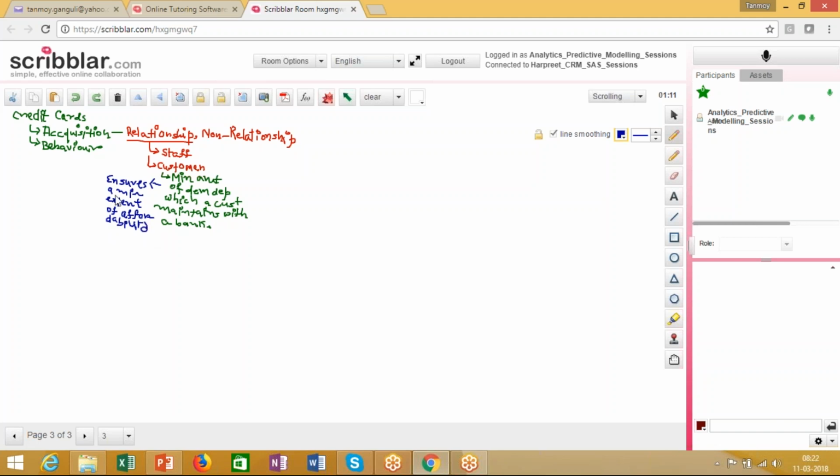Now, if the borrower can maintain this, it simply means that this borrower is a relatively low risk borrower.